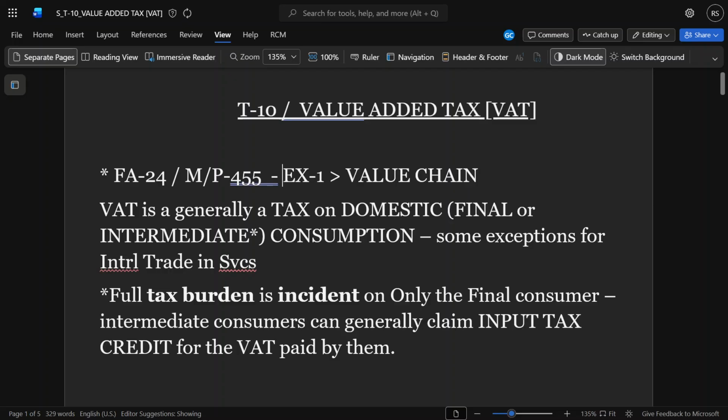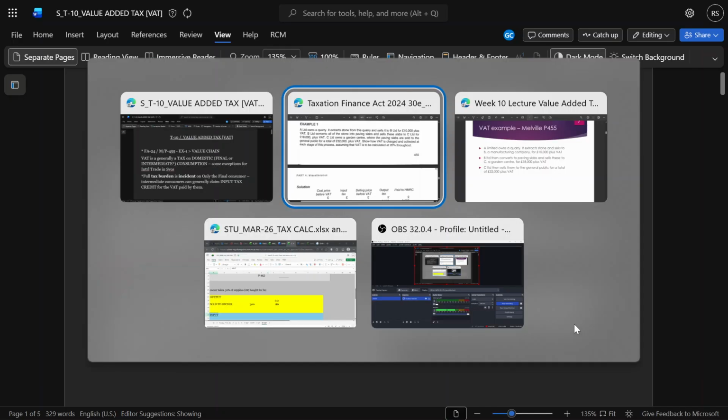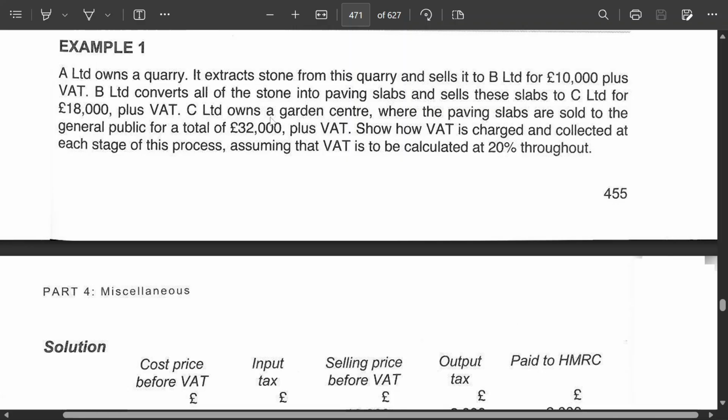Example 1 gives you an example of the value chain, right? So what is a value chain? You can see this here. These are the prices at which they are selling. This guy first sells at 10,000 plus VAT, then 18,000 plus VAT, and the last guy sells to the general public at 32,000 plus VAT.